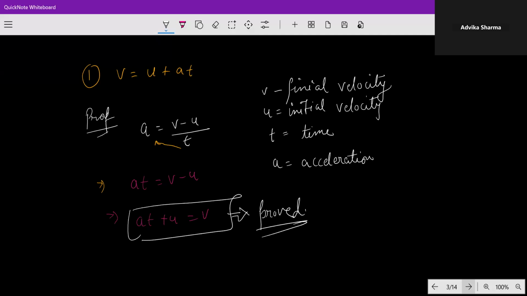Now the second equation of motion, which is s equals ut plus half at square.